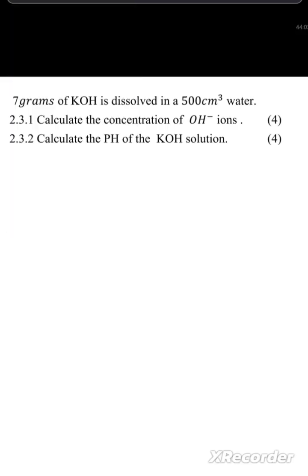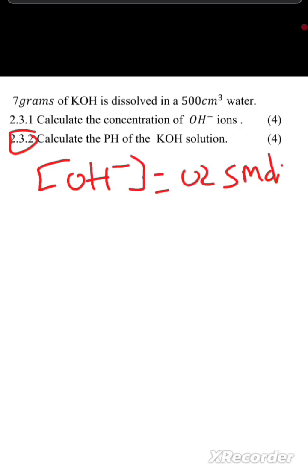So now they say, let's calculate the pH. So we calculated, already we know that the concentration of OH minus was 0.25 mole per cubic decimeter. Right? That was the concentration of OH.